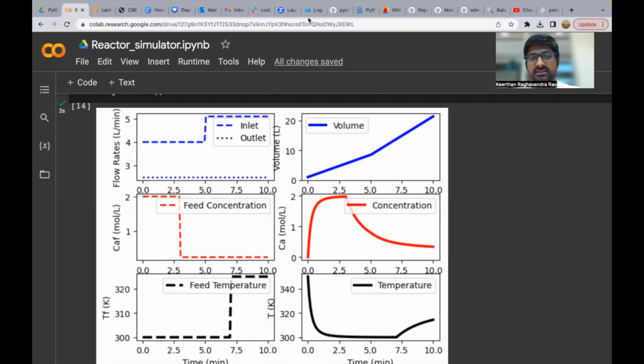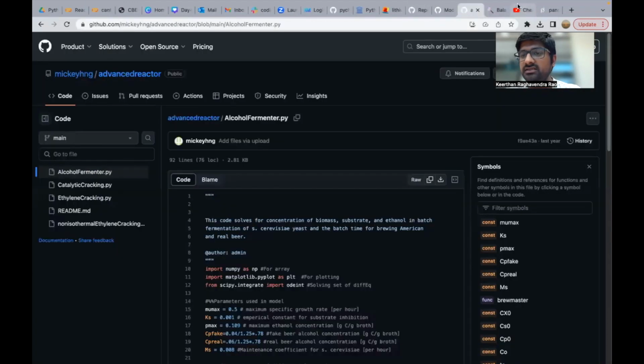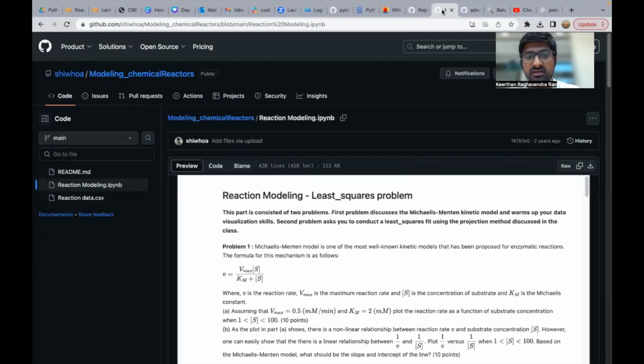Okay, no questions. Here's the second notebook, but first I'd like to share this resource with you. There is a package called Cantera, which if I can find it. So there, as you can see, I've opened so many tabs here. These are all GitHub pages where people have their code.